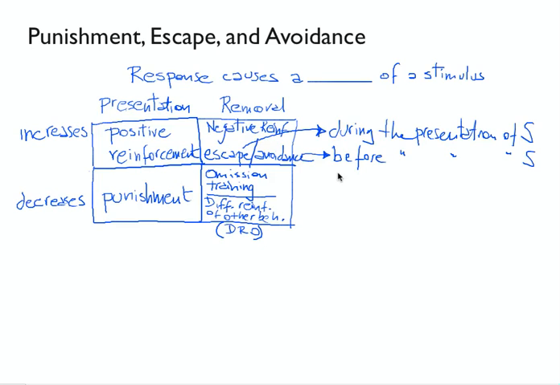All right. So, just one example of escape conditioning, escape behavior, is walking out of a bad movie. You walk out of a bad movie and you're canceling an aversive stimulus, the movie, but you do it while the movie is being presented.